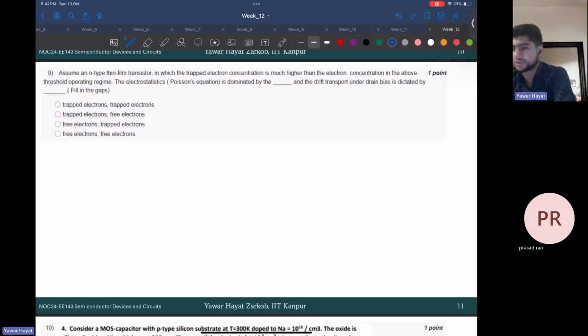So our trapped electron concentration is much higher than the electron concentration in the operating regime that is above the threshold. The electrostatics, or I should say the Poisson's equation, is dominated by dash, and the drift transport under drain bias is dictated by dash.